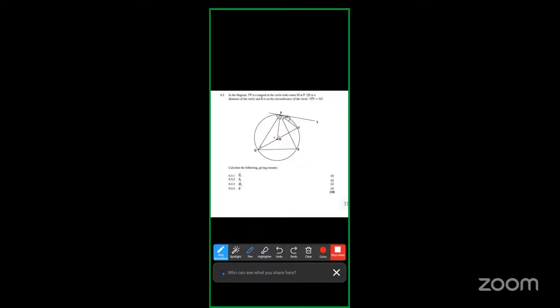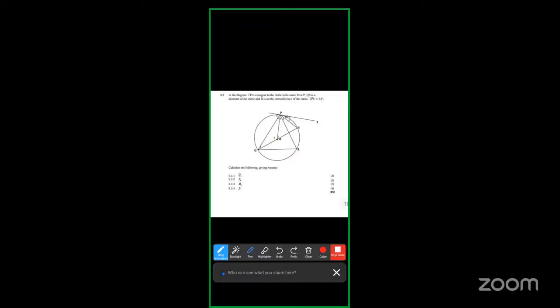Also, this angle is equal to that angle, for the same reason. We are not done with the radius. There's also the theorem saying the tangent is perpendicular to the radius. Therefore, this angle is 90 degrees and this angle right there is 90 degrees.